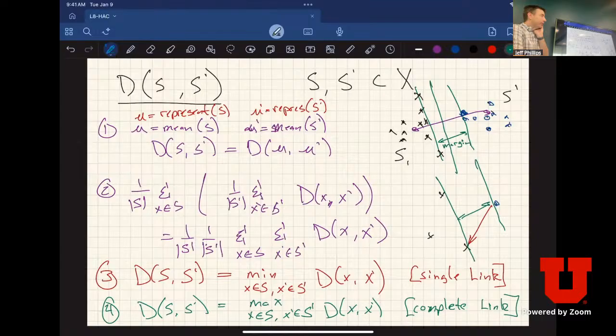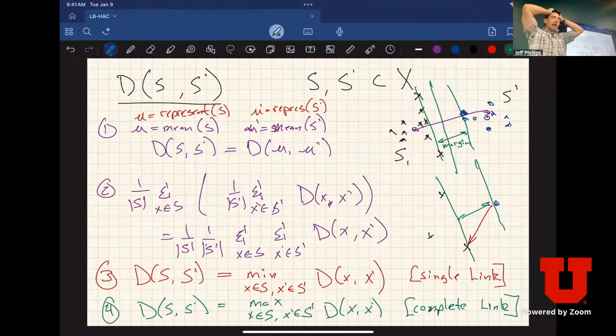Okay, so complete link is going to ensure that none of the distances can be too far away when I put things together in one cluster. And the single link just says there's a path where I never have to go too far from one point to the next to complete a path between the two points in the cluster.